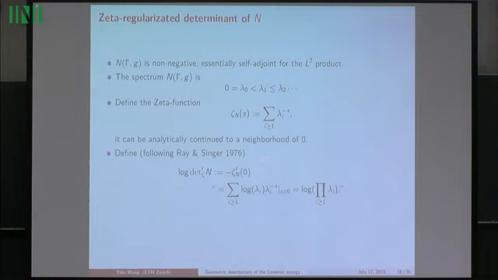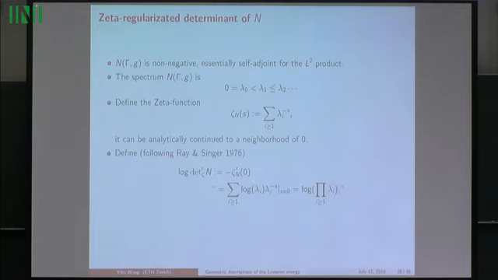With a regularity condition on the curve, this function can be analytically continued to a neighborhood of 0, and then we define the log of the zeta regularized determinant of this operator as minus the derivative of the zeta function at 0. Why is this called the log of the determinant?